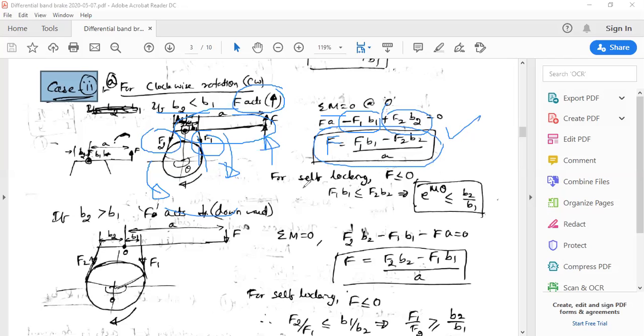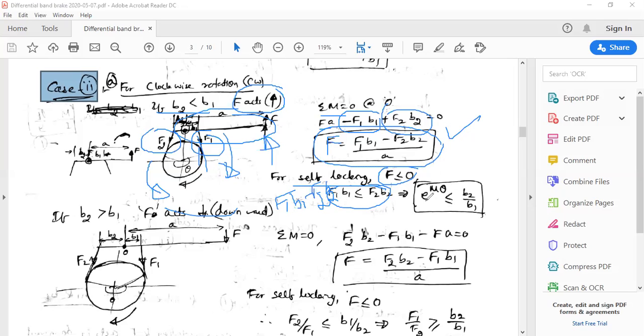Once the equation is formulated, for the self-locking condition, F is less than or equal to 0. By using this condition, F1 B1 minus F2 B2 is equal to 0. If I rewrite, taking the F2 B2 term to the RHS, F1 B1 is less than or equal to F2 B2.